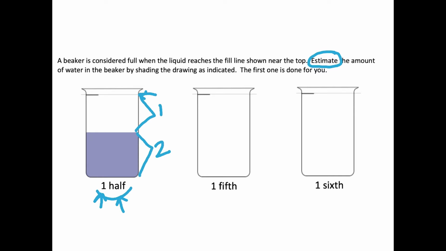Now we have the unit fraction 1/5. Okay, 1/5. So this is a trick to help us figure out how many lines, because that's what you have to do first, is you have to draw lines to partition this whole up, okay? So we're doing 1/5. If I'm doing fifths, fifths also means what number?